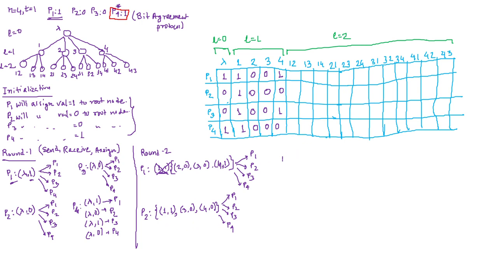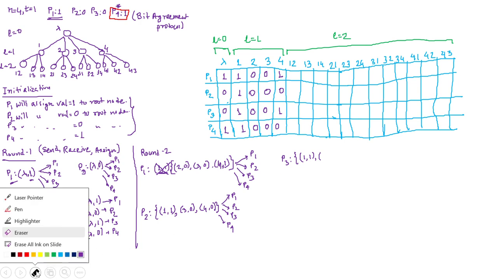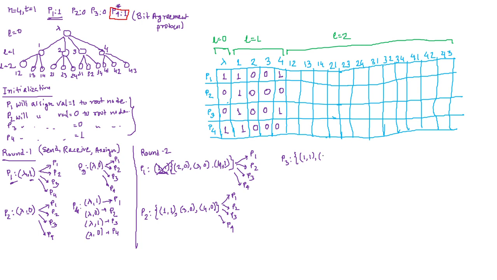What about P3? P3 will send value 1 at node tag 1, and it has value 0 at node label 2 or node tag 2, value 0 at node label 3, but since this label 3 contains the party ID 3 itself, it will not send this information.